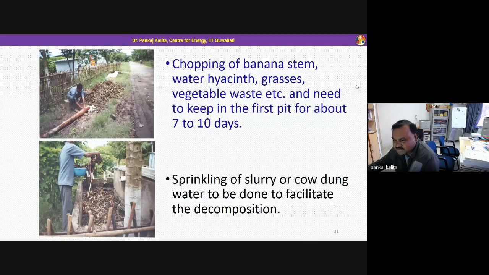This person is very busy chopping the banana tree, and then they keep it in the first pit for about 7 to 10 days. Then we sprinkle some slurry or cow dung with water to facilitate decomposition.